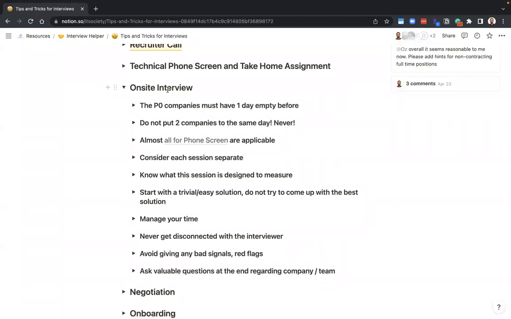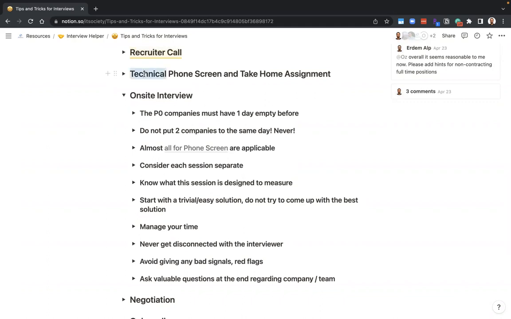It is the last step that evaluates your technical fit for this job. There might or might not be a technical phone screen or take-home assignment step before it, but after this step, you definitely have an on-site interview.